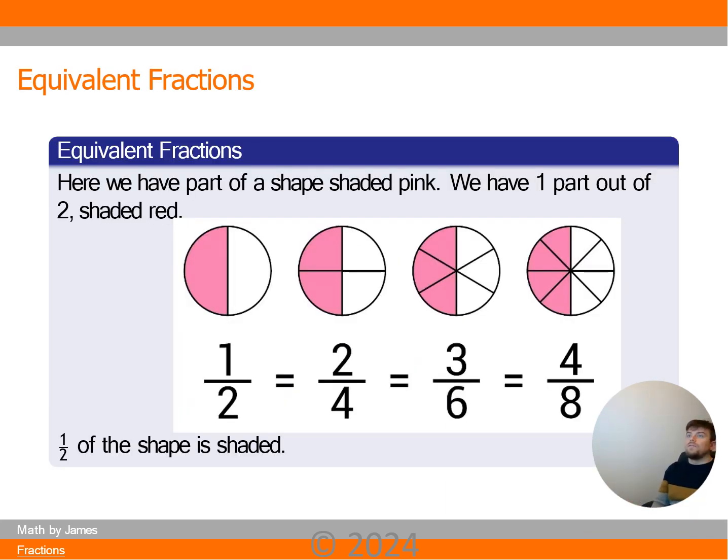So equivalent fractions. Here we have part of a shape shaded pink. We have 1 part out of 2 shaded red. So here we can see we've got 1/2 equals 2 out of 4 equals 3 out of 6, which then equals 4 out of 8.